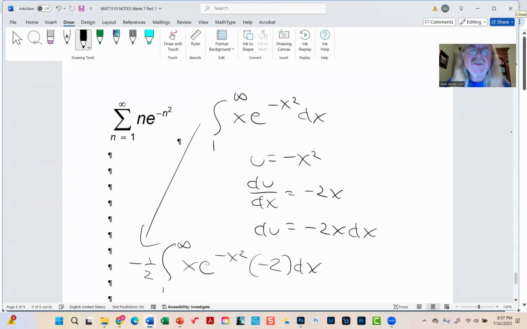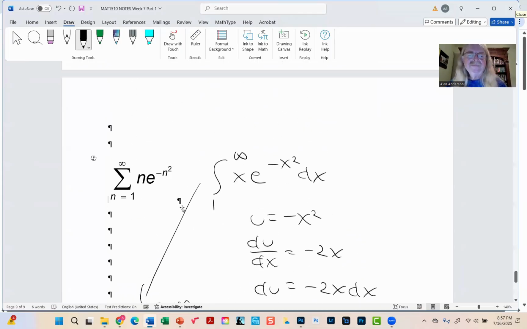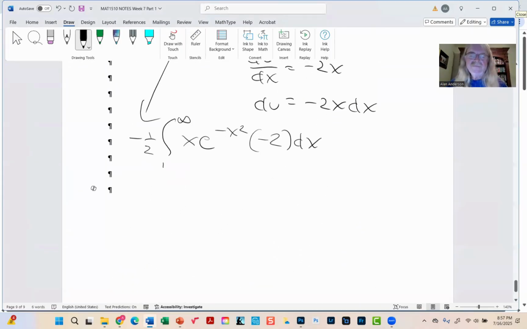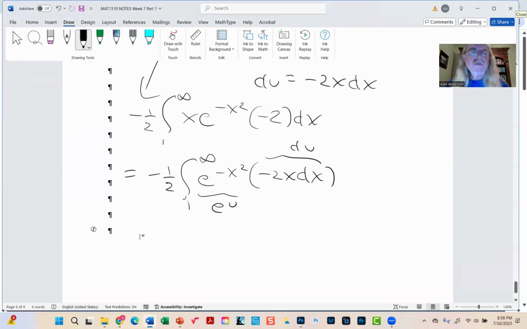And of course, we need to rearrange it slightly, just to make it clear that we do have what we're looking for. So this is clearly du. This is e to the u. All right, so what do we have?